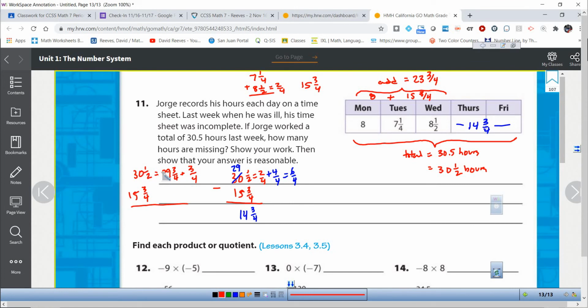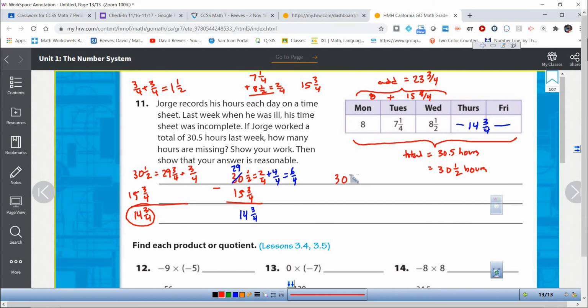Can you see that 30 1/2 is 29 3/4 plus 3/4? Guys, it would be great if you memorized 3/4 plus 3/4 is 1 1/2. If you didn't know that already, it's a great thing to know. And then when I did that, 29 3/4 minus 15 3/4, that would give me my 14, and I would throw on that other 3/4. That's another way to look at it.